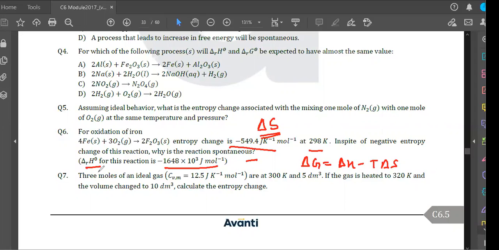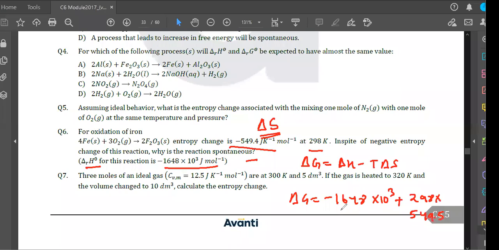Tell me, can you find ΔG? Now everyone getting this? So ΔG is equal to minus 1648 into 10 power 3, minus temperature 298 into ΔS, which is already given, minus plus.